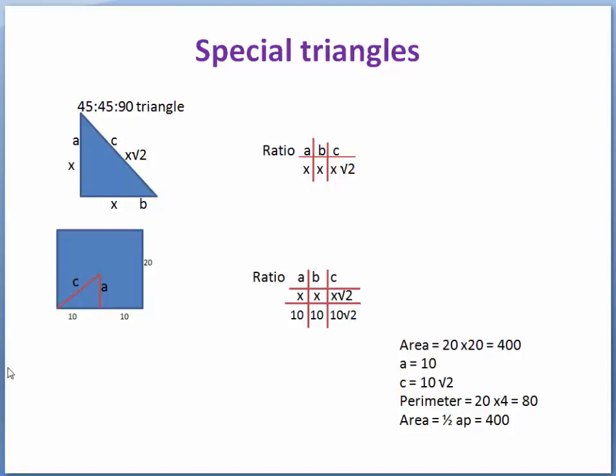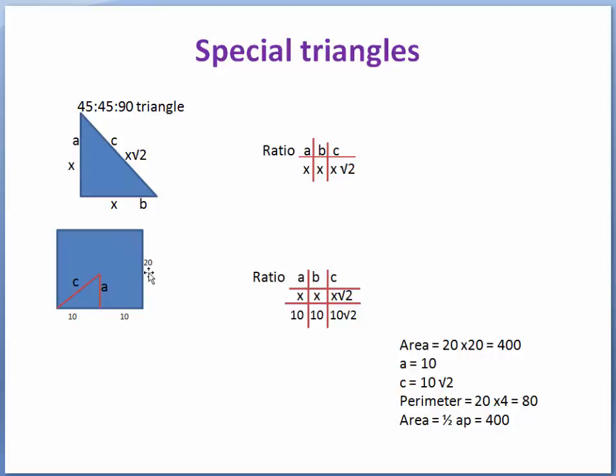So in our 45, 45, 90 triangle using Pythagoras, the ratios of A, length B, and length C, we can use this ratio, which is x, x, x square root of 2.